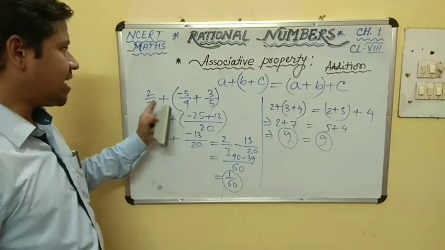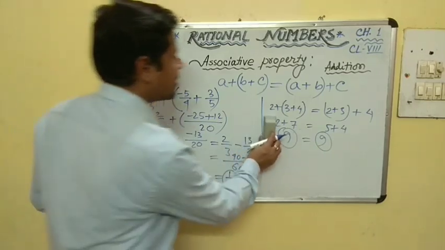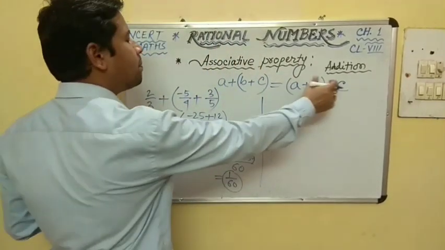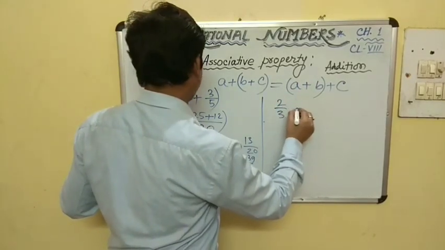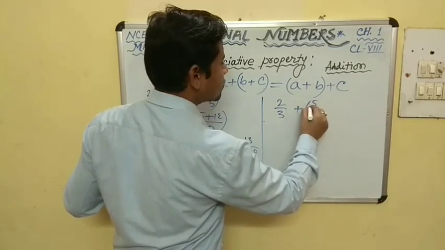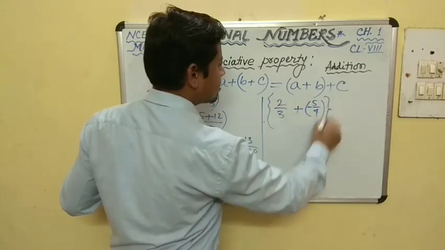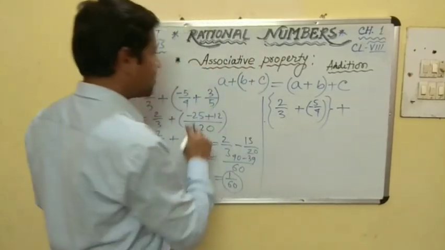This is a plus (b plus c). Now I am taking the right hand side, (a plus b) plus c, where a plus b is 2 by 3 plus minus 5 by 4. I am taking them in the bracket, and plus c, what is c? 3 by 5.